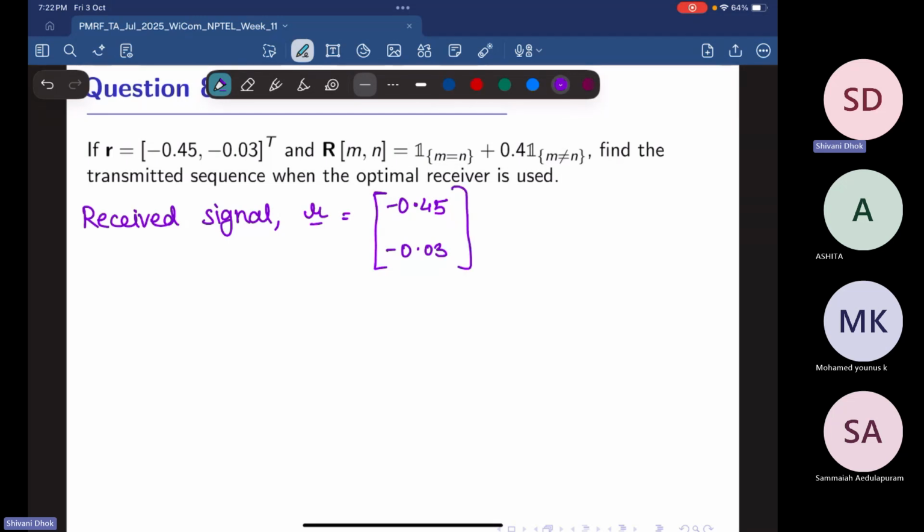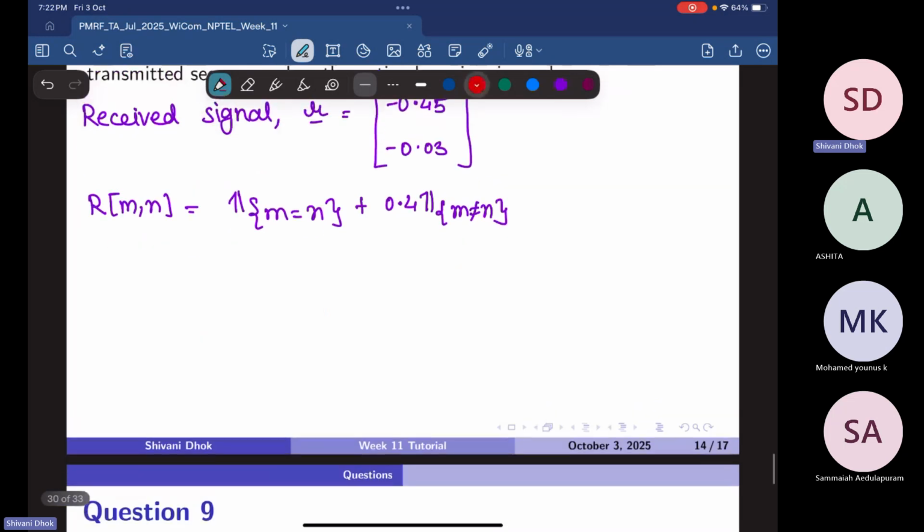And then it is given that R(m,n) is equal to indicator of m equal to n plus 0.4 indicator of m not equal to n. So this particular function here is an indicator function.